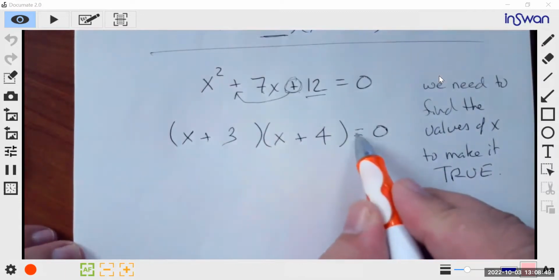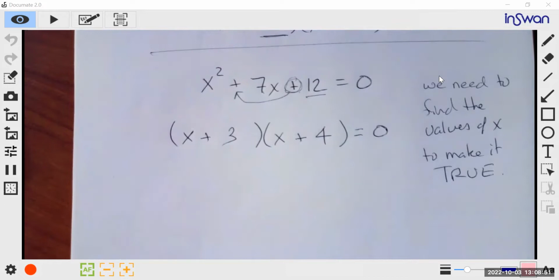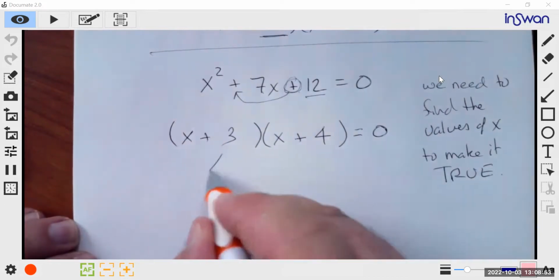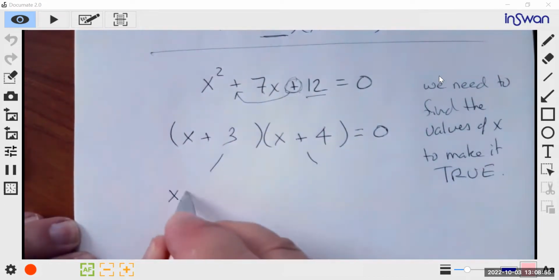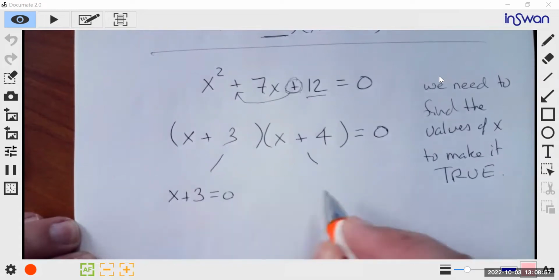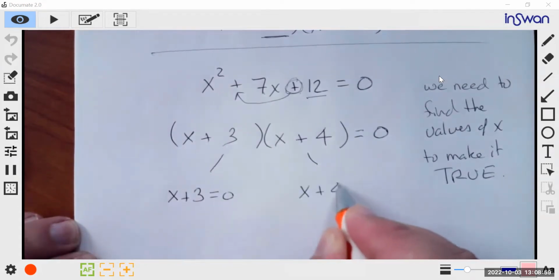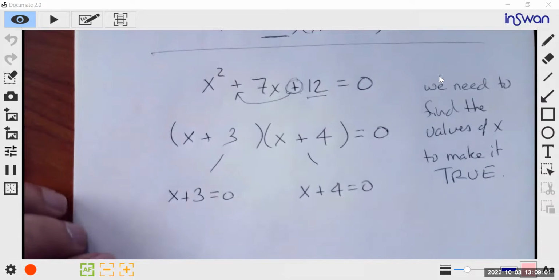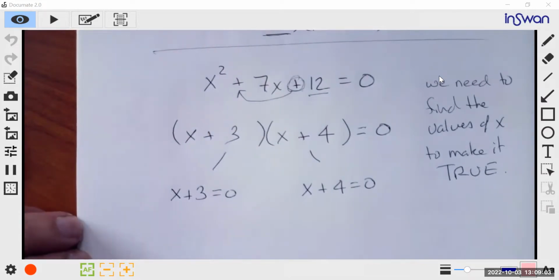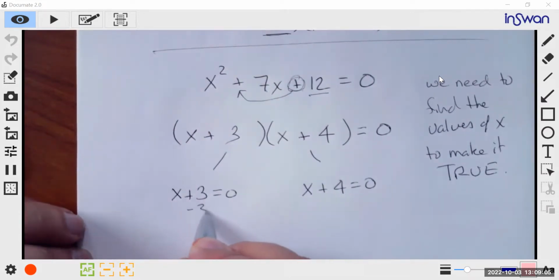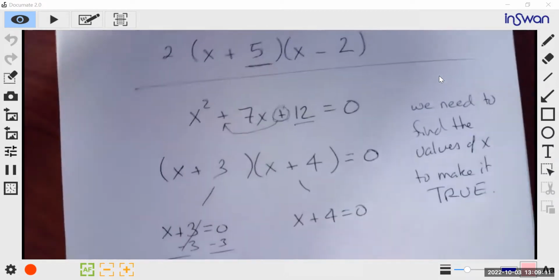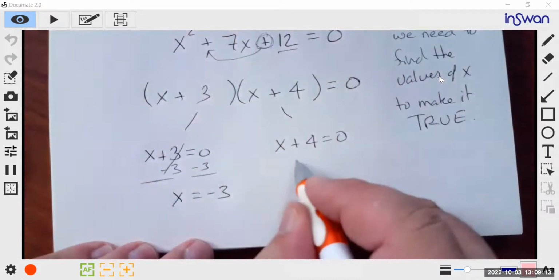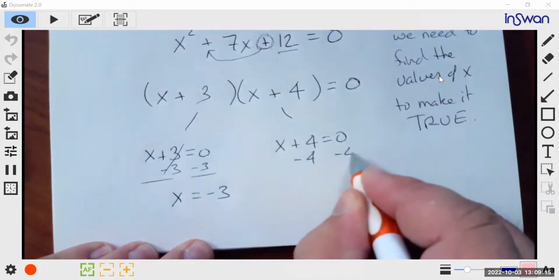Because it equals 0, this is the zero product principle. So we take both of these equations and set them equal to 0. Subtract 3 on the first one. And subtract 4 on the second one.